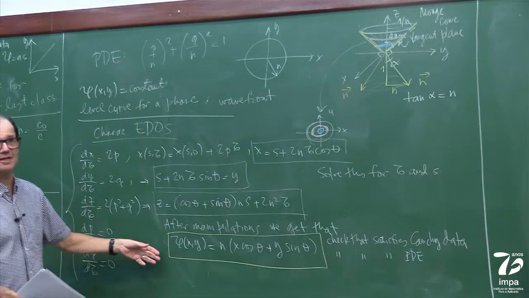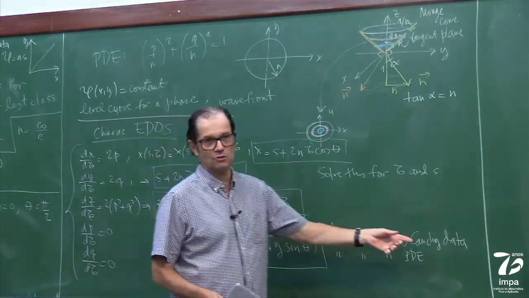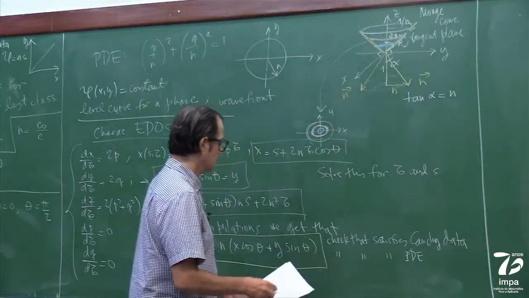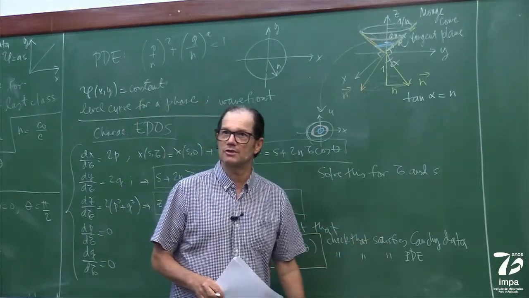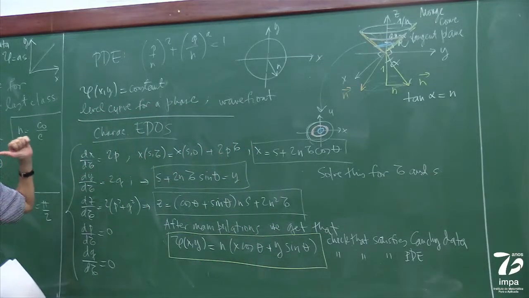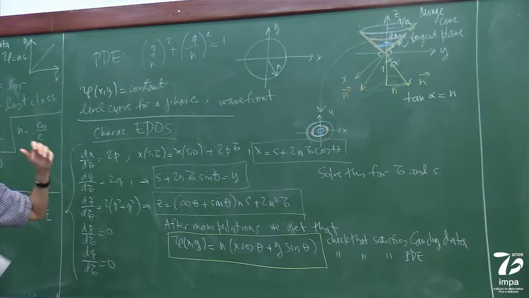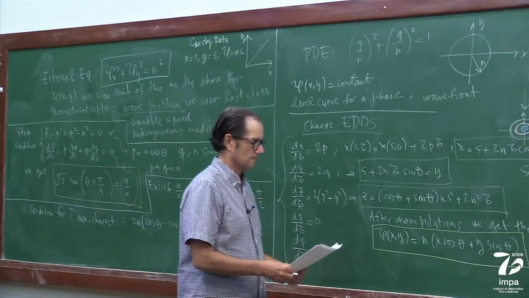To check that it satisfies the eikonal equation is super simple. To check the Cauchy data is also simple, but it's basically substituting everything. And you see the relations that are on the other board, all in terms of S, will come together and say, yes, it satisfies.